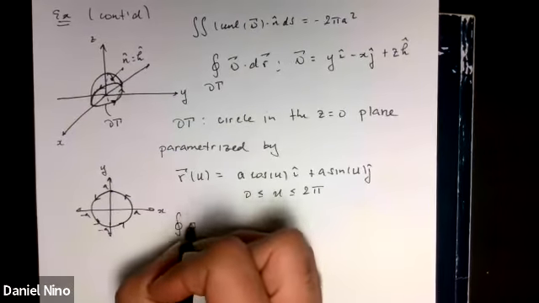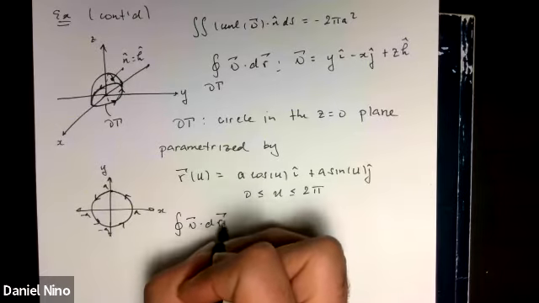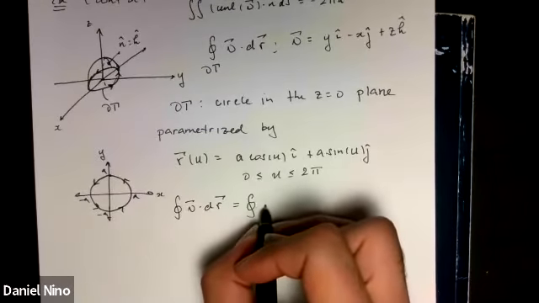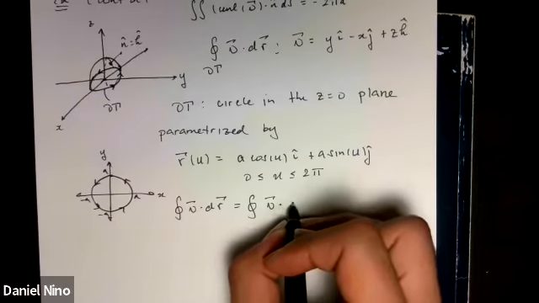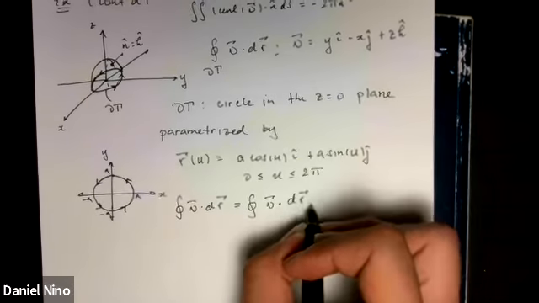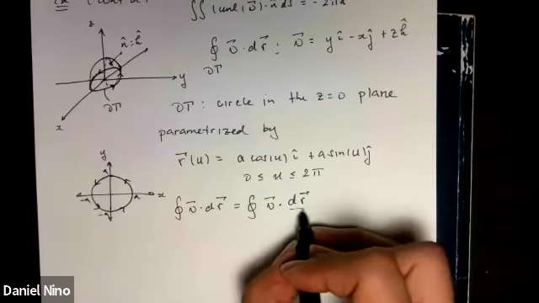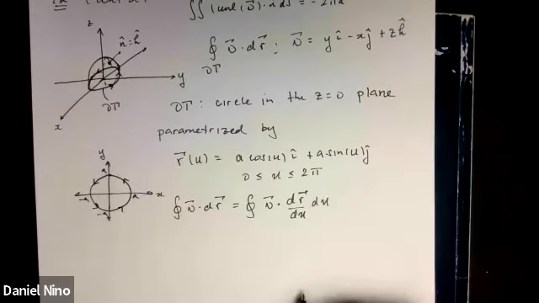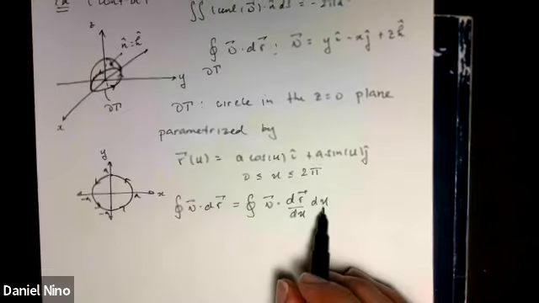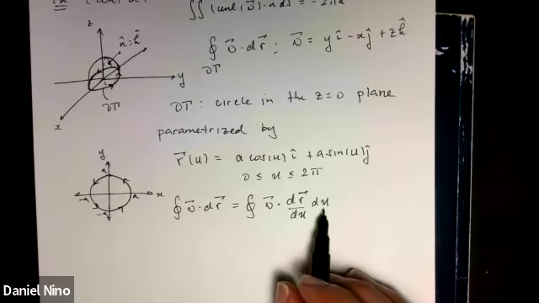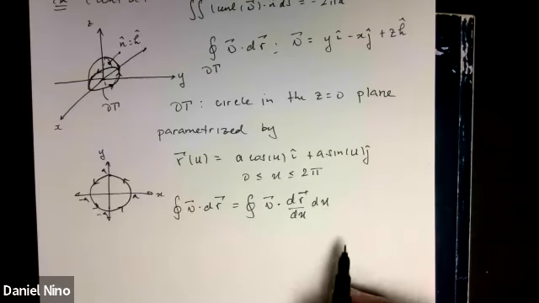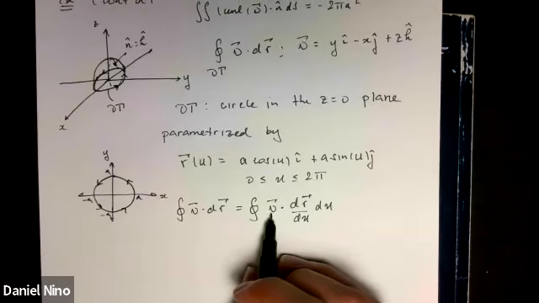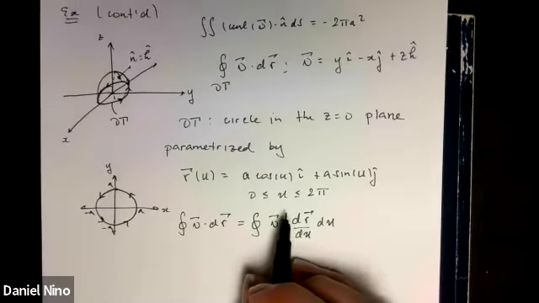So to calculate our closed loop line integral over this path, we need the derivative of our parametrization with respect to u, and then integrate with respect to our parameter u. And remember, you have to substitute into V your parametrization.